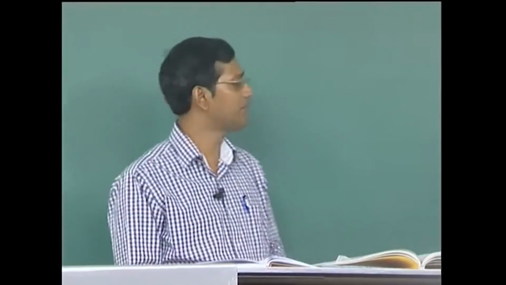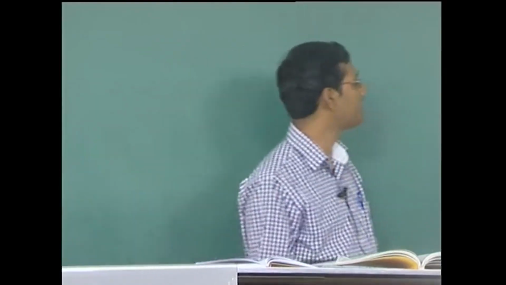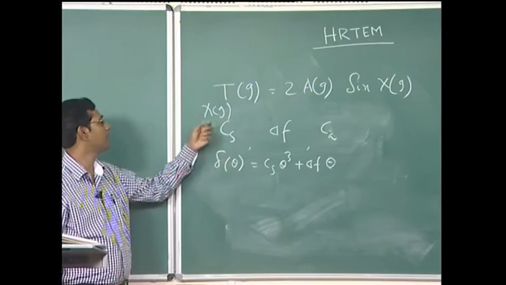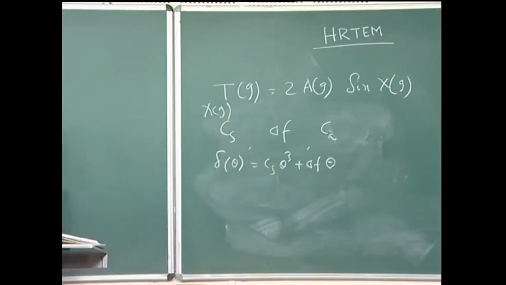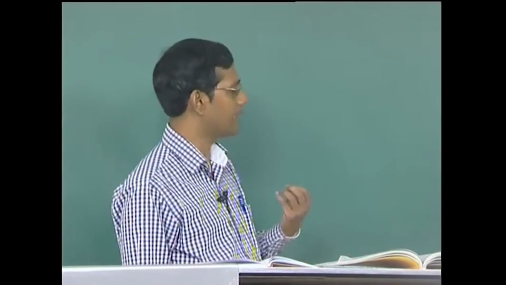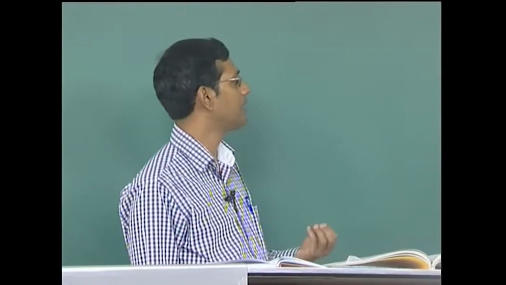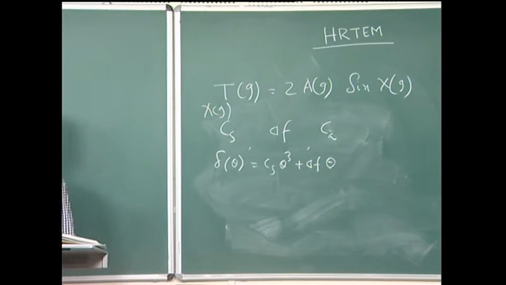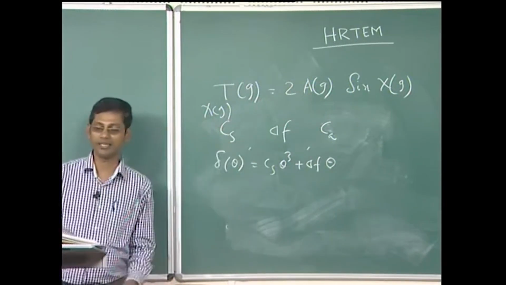Now, we shall go through a very simple exercise to derive the value of this psi z. As I said, the exercise is nothing but combining the effect of Cs and the defocus of the objective lens. If I do that, we find that any point in the object will be focused onto the image plane like a disk, because of the presence of Cs and delta f.